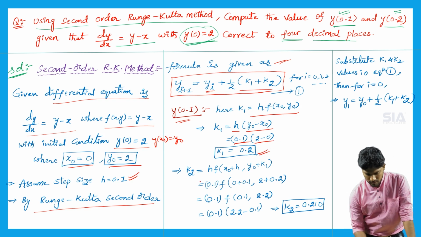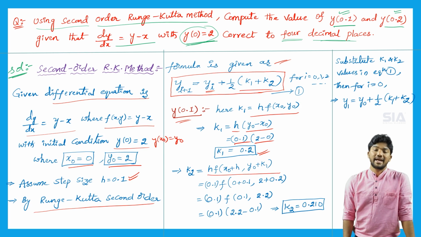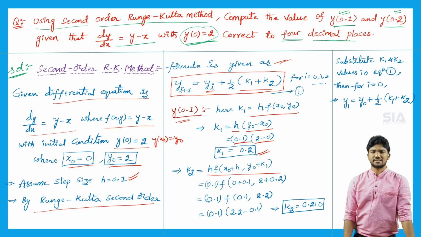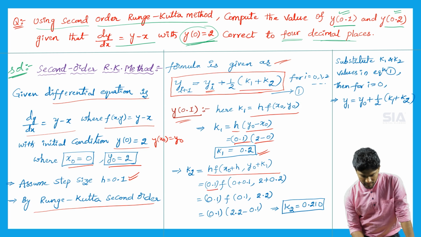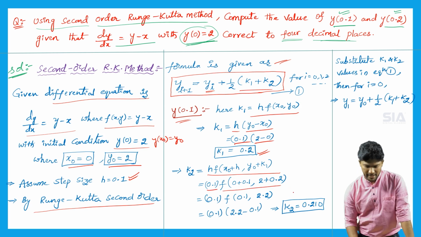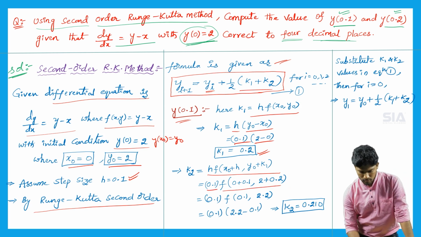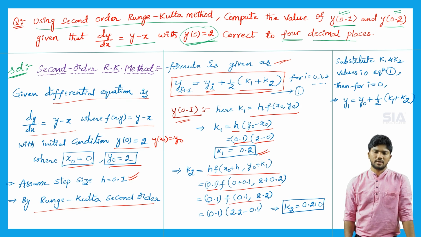Next, k2. What is the formula? k2 is equal to h into f of x naught plus h comma y naught plus k1. Substituting the corresponding values, 0.1 into f of 0 plus 0.1 comma 2 plus 0.2, so 0.1 into f of 0.1 comma 2.2.